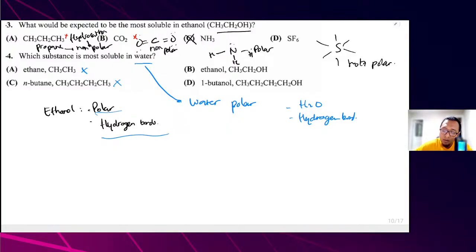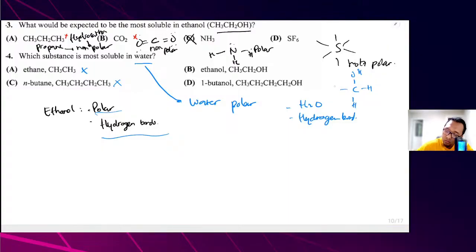And how about butanol? Butanol will be drawn this way: O, then H, and then H over here.